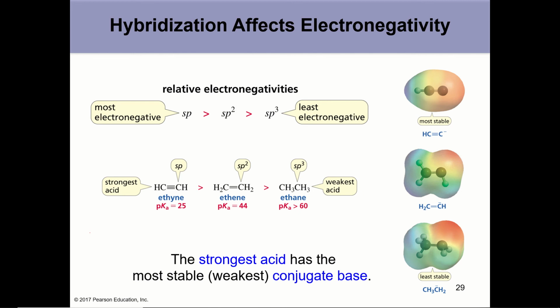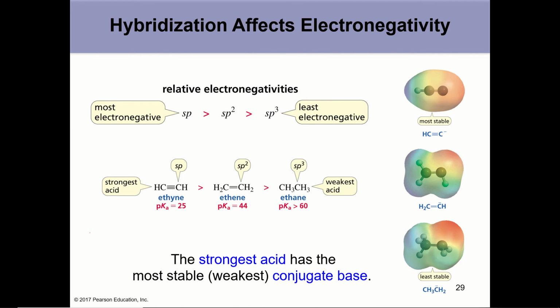So we can compare CH that has a triple bond, a CH2 that has a double bond, to a CH3 that has a single bond, but we cannot compare using hybridization an NH group to a CH group. We can only compare CHs to CHs when we consider hybridization.